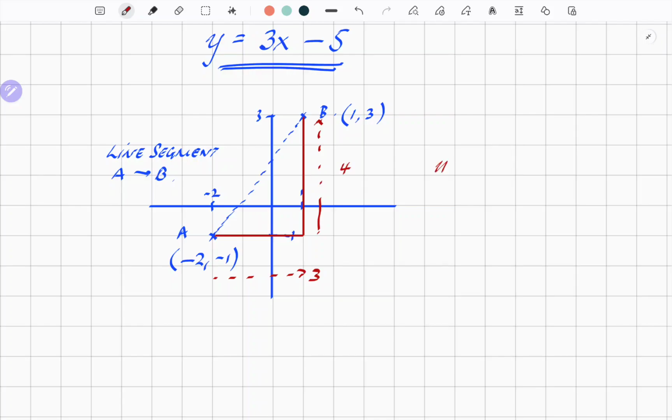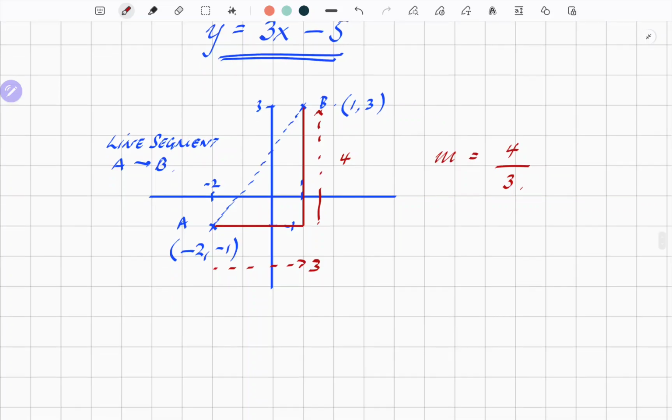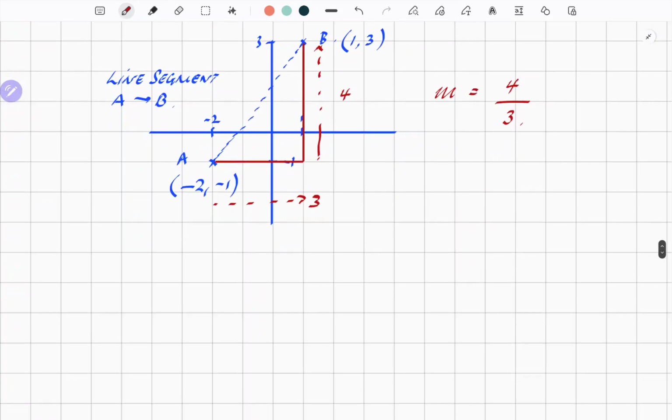So the gradient, doing what we did before, is the y difference over the x difference. Now, what you've just told me is the algebraic version of it, and that's what I wanted to show you next. If we let A have coordinates x1, y1, and B, if we call its coordinates x2, y2.